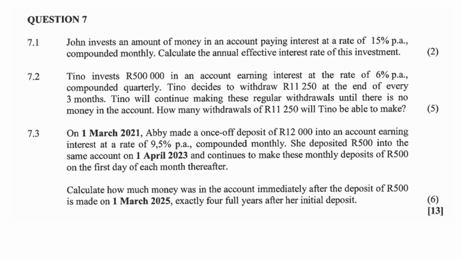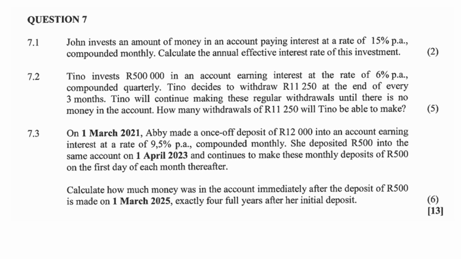7.1. John invests an amount of money in an account paying interest at a rate of 15% per annum, compounded monthly. Calculate the annual effective interest rate of this investment. 7.2. Tino invests 500,000 Rand in an account earning interest at the rate of 6% per annum, compounded quarterly.